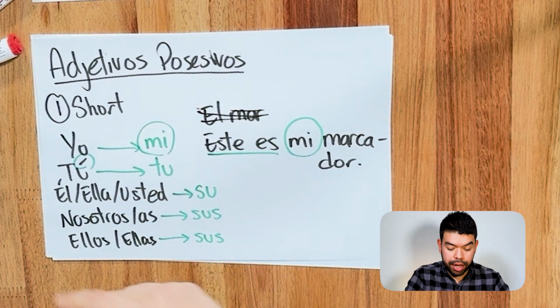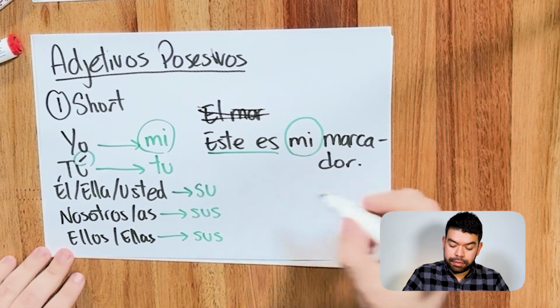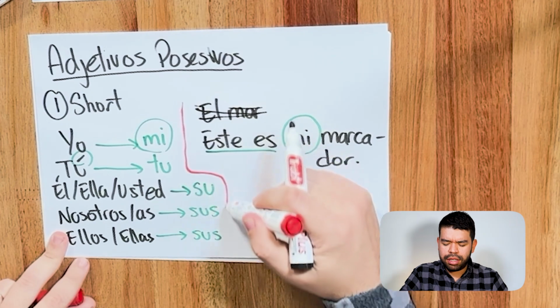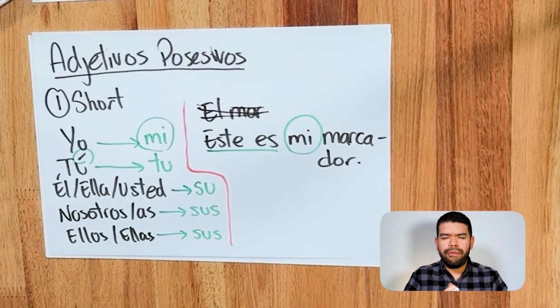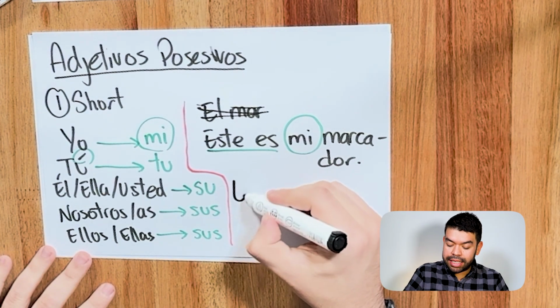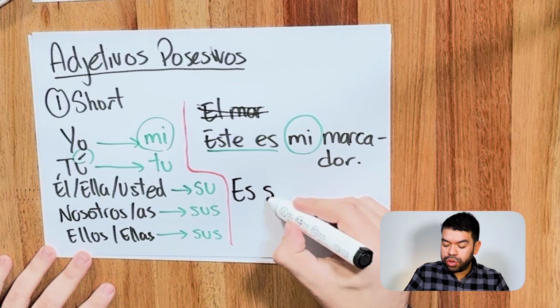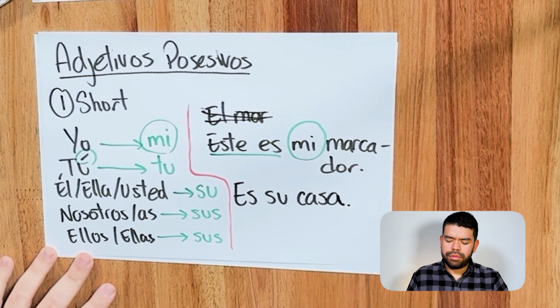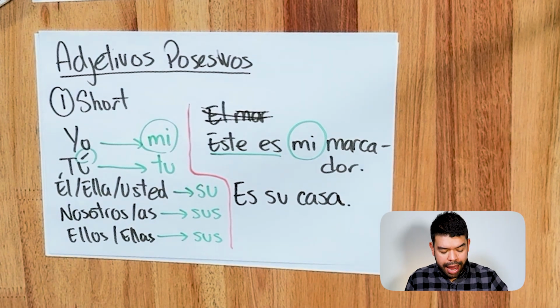Let's do another example, okay? Let me put this line in the middle. Yes. We're trying to save the environment, right? Like trying to use less paper. Es su casa. Right? We're talking about the house.